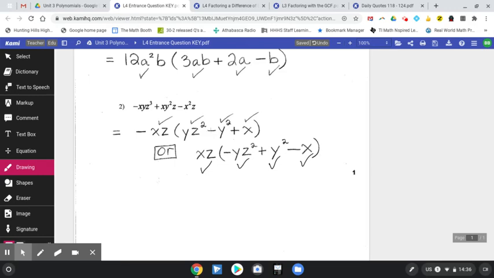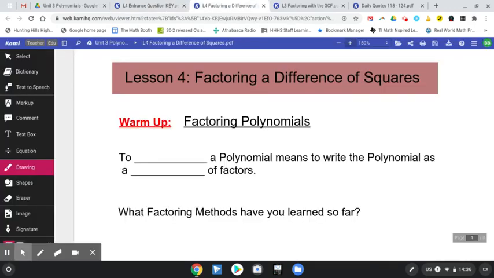All right, in your booklets for notes, let's find lesson 4, factoring a difference of squares. Now, we've done 1 day of factoring, but I want to make sure we understand what we do when we factor.